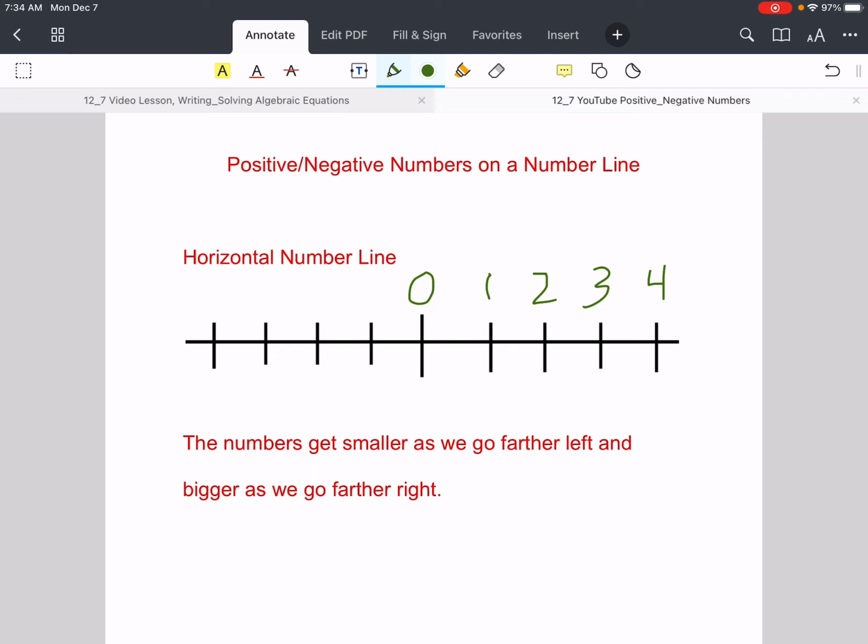And it's important to remember for our negative numbers, as we get smaller, we are still going to start at -1. So we don't want to have any, like a -4 or something, right to the left of the 0.